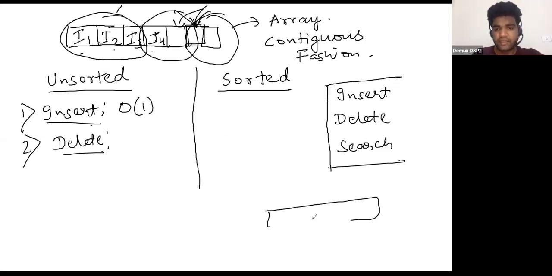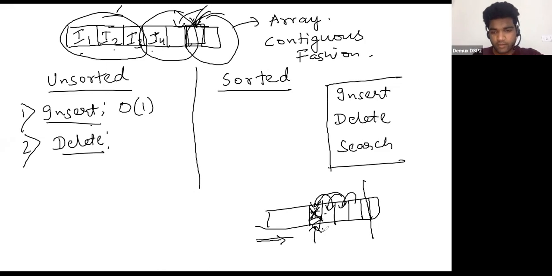If your array is like this and you have an item ij which you want to find, you will have to traverse the array linearly until you find ij. Once you have found it, you need to remove it. So how do you remove it? You move the elements which are to the right of it one place before. That's how you will be able to remove this particular element, and you decrement the size of the array by 1, right? So this entire operation took order n time. Correct? So deletion takes order n time in an unsorted array.